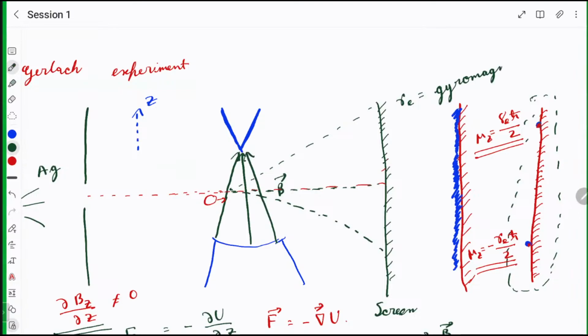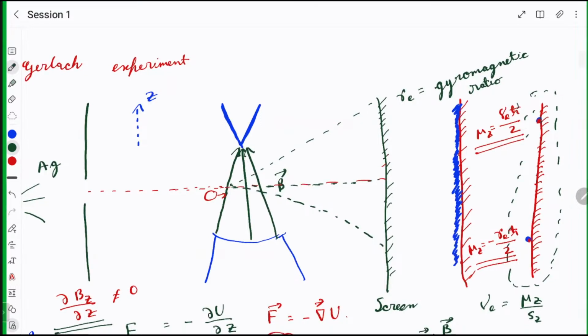Uh, so the gyromagnetic ratio is basically the is the ratio of the magnetic moment and angular moment. So basically, if mu z is gamma a h cross by 2, so gamma e is basically mu z by is that I hope I'm correct.